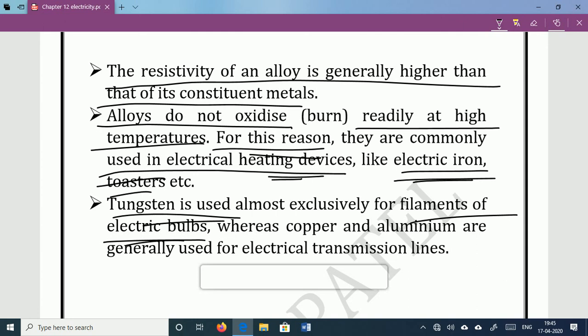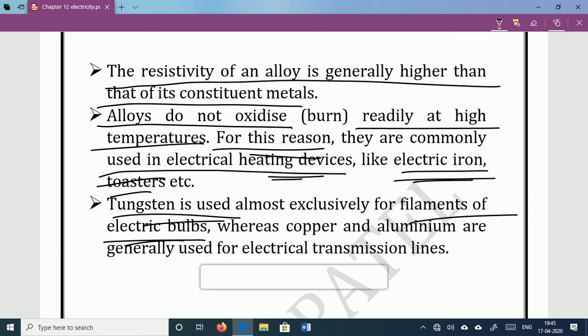When electricity passes through the tungsten, it provides the maximum resistance, so all the electricity is converted into heat, and the tungsten wire becomes hot and emits light and radiation. So an alloy can be used as a heating device.